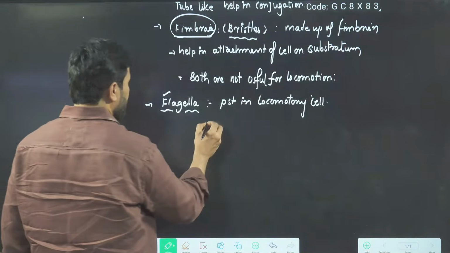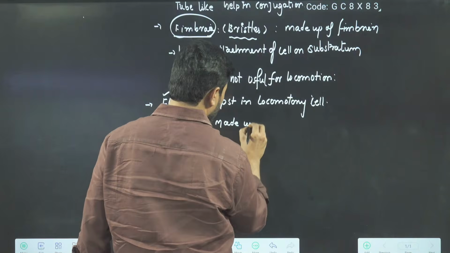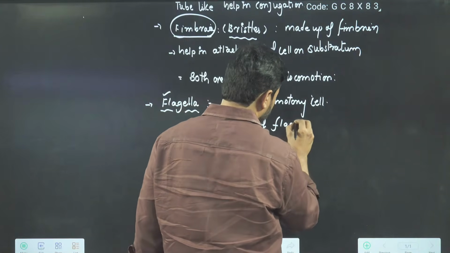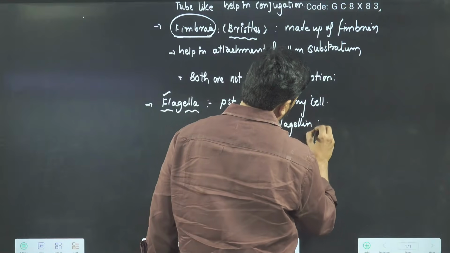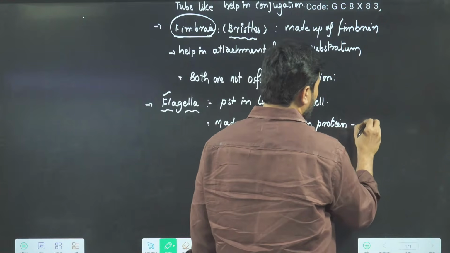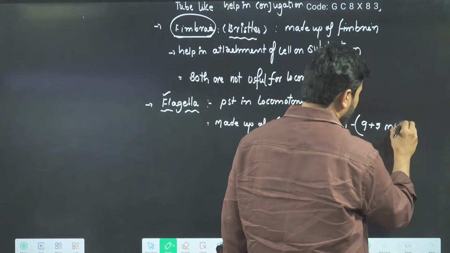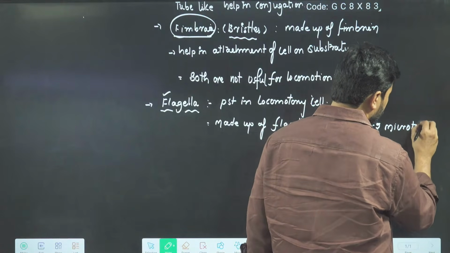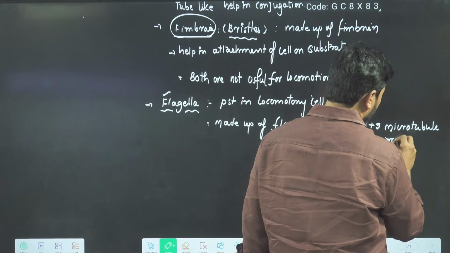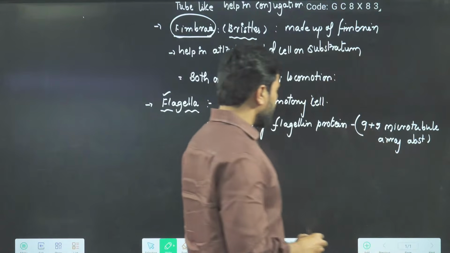Next one, the flagella are made up of flagellin protein, which means the 9+2 microtubule arrangement is absent. The 9+2 array of microtubules is absent.